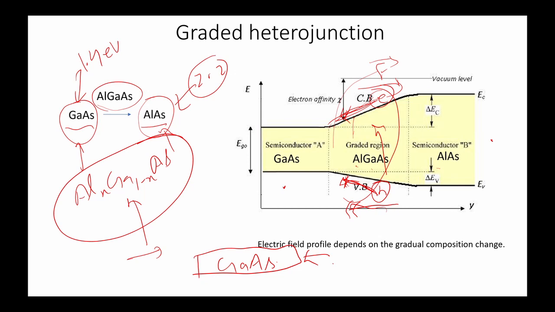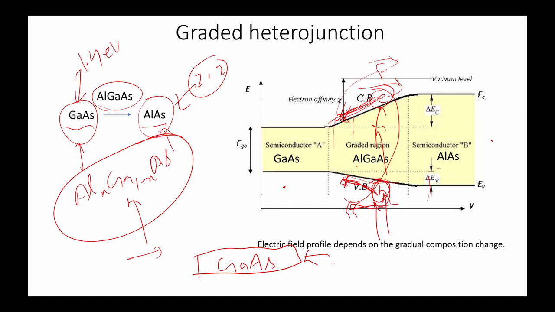And these two, delta Ec and delta Ev, can be tuned according to the materials. Delta Ev can be tuned so that we can block the holes and realize the movement of only the electrons, or we can block the electrons and realize the holes only. According to the applications, we can tune these things.